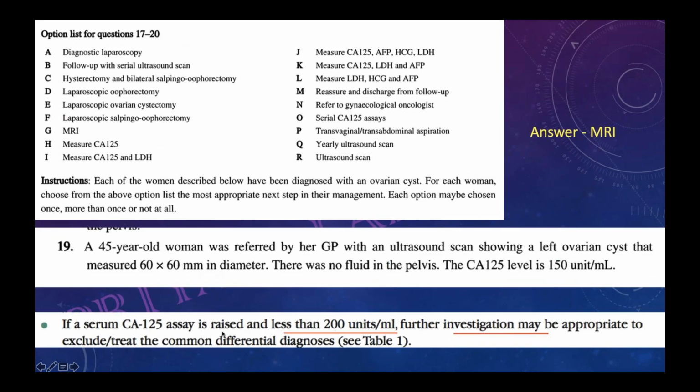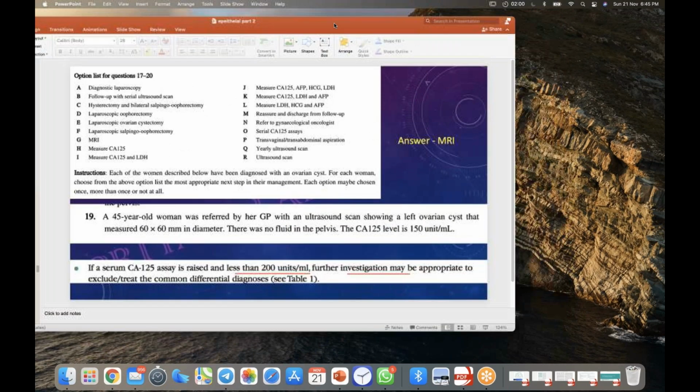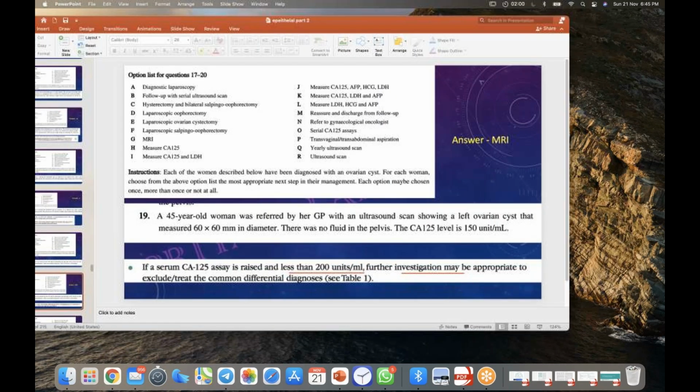It is raised from normal, but less than 200. And RMI will also come low because she must be premenopausal, so score 1, simple cyst. So RMI will come below 200.